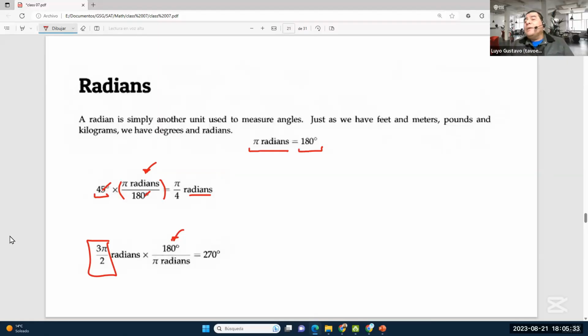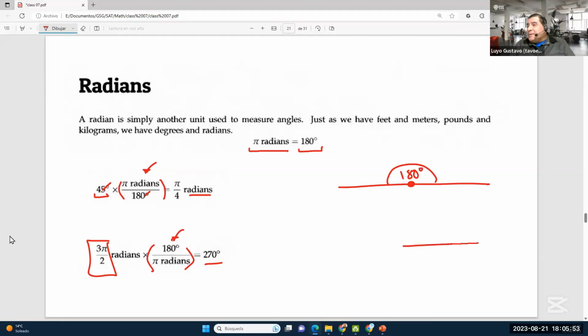So just convert by the inverted rate, this one, and you will get this. So remember, this angle, which is 180 degrees, is also pi.